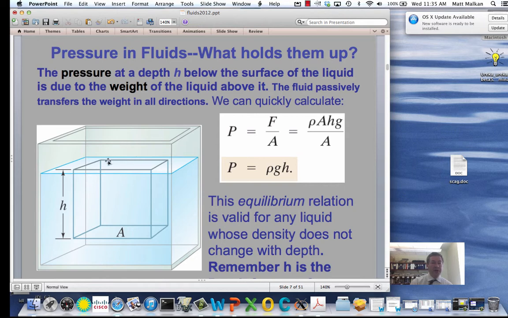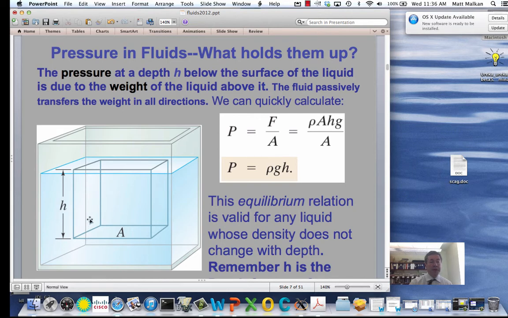We're going to ignore any force at the surface here, in this case, because there's no fluid above it, just air. I'm going to ignore that for the moment. There is water underneath the water in our cube, and obviously that water underneath here must be under some pressure. And the pressure acts in all directions, and in particular there must be pressure coming up, remember, perpendicular through the surface.